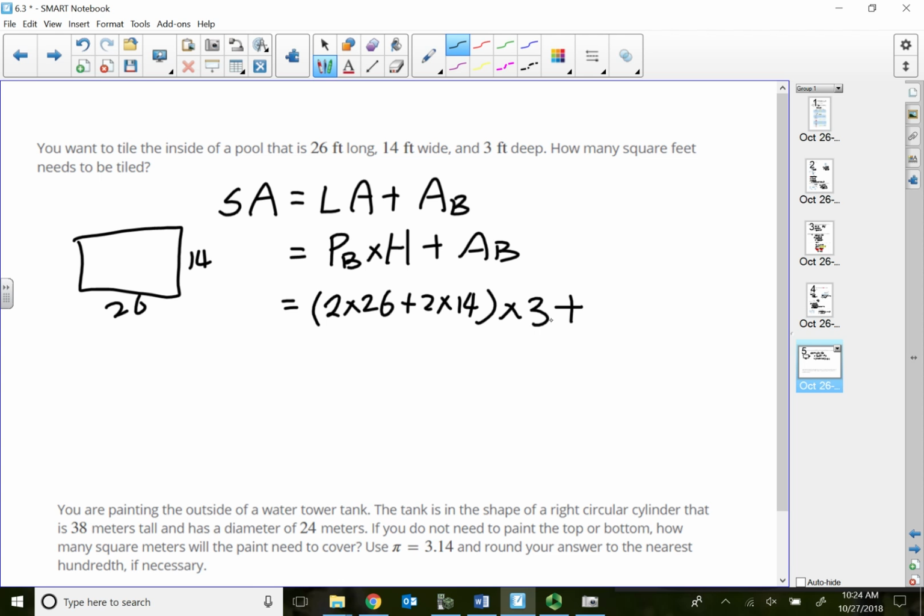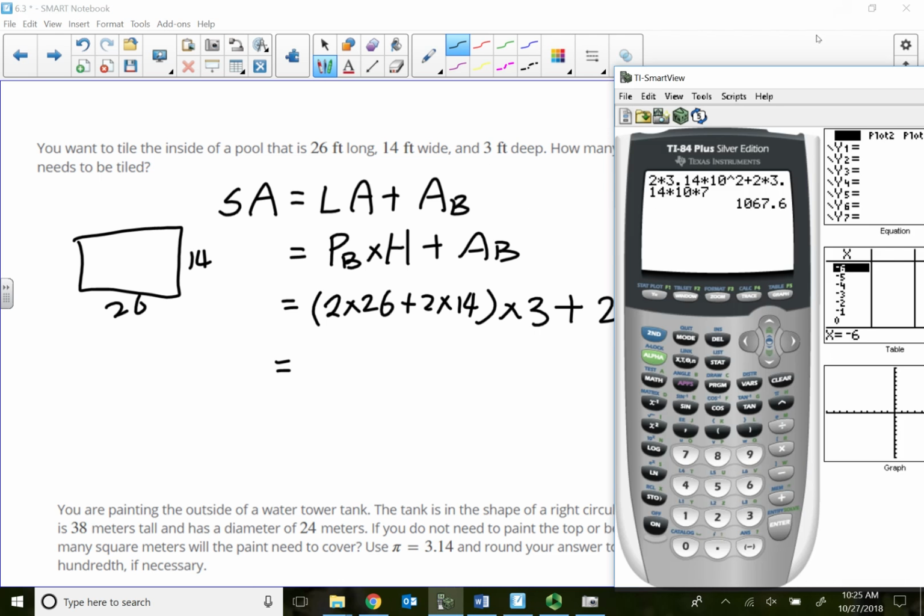So this whole thing is the area of the walls. I have 4 walls inside the pool. So this will give me the area of all 4 walls, plus the area of the base, which is the very bottom of the pool, which is 26 by 14. So that will give me my total square feet.